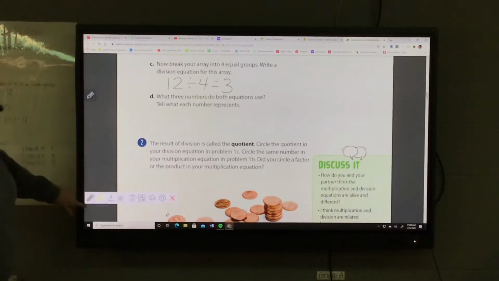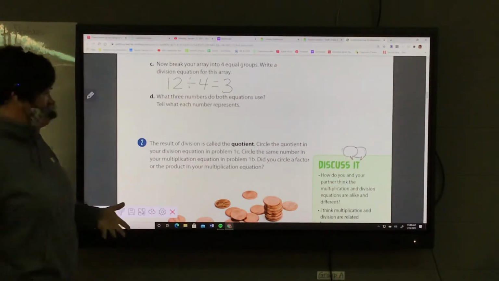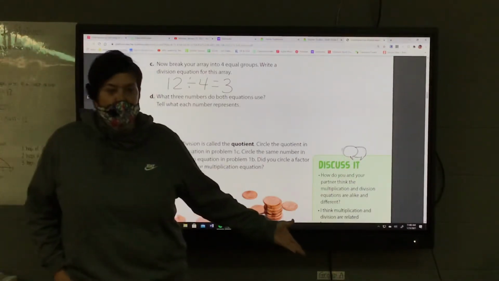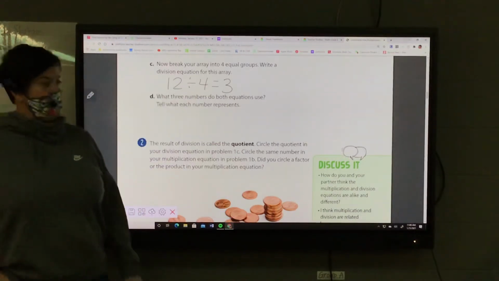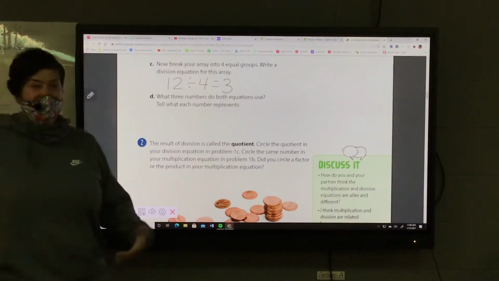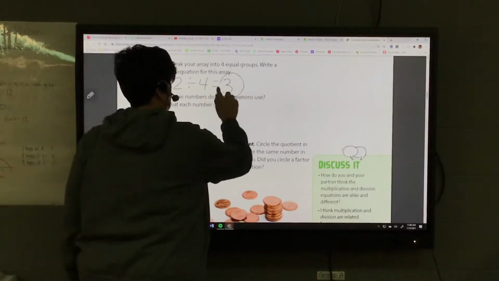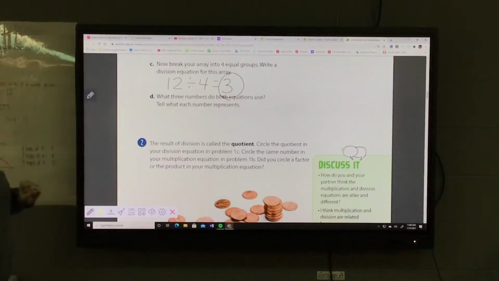They said the quotient is the result of the division. That means the answer. So circle the quotient in this problem. The quotient means the answer. So we just circled the quotient.